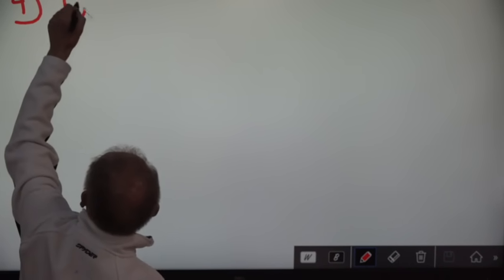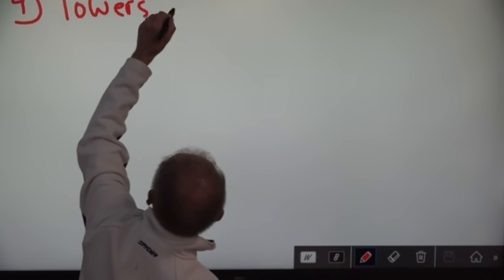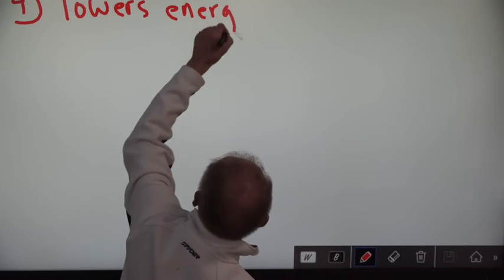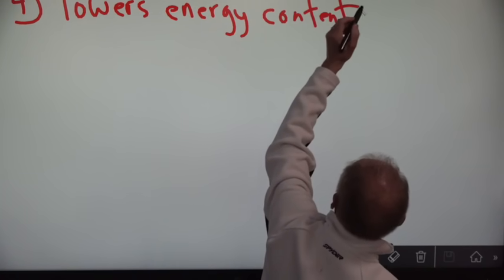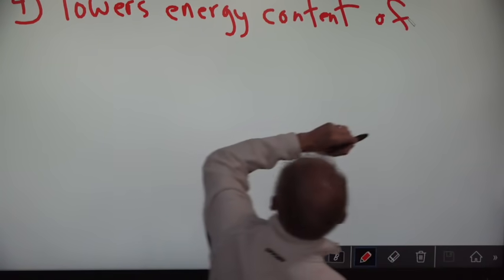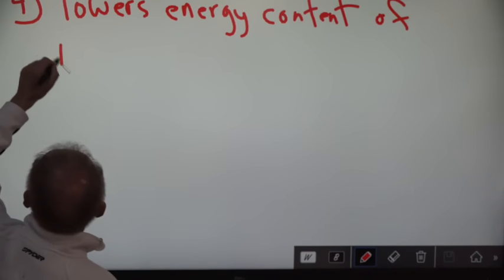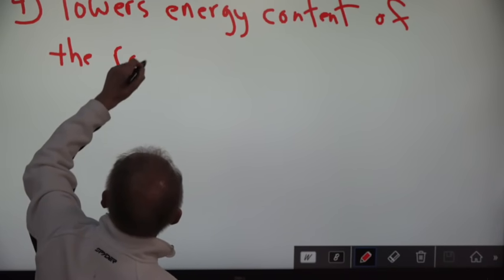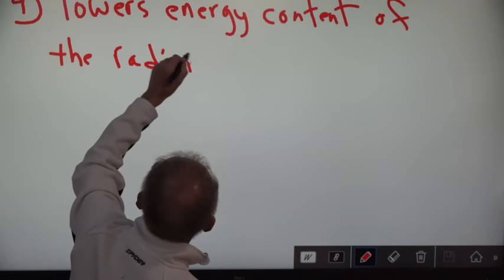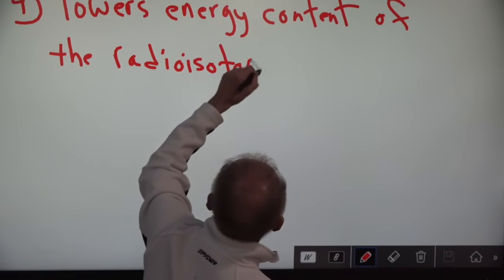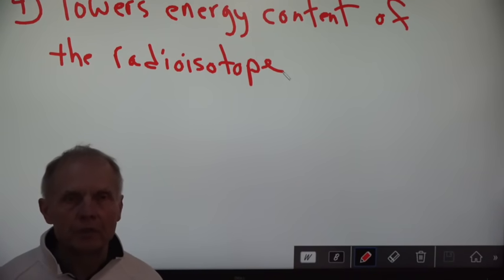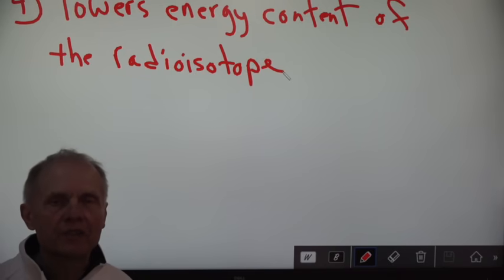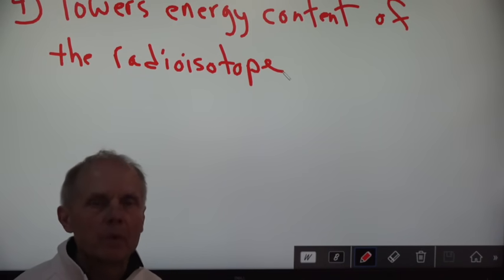So for number 4, big old asterisk. That's a big one. It lowers the energy content of the radioisotope. So it gets less and less the longer the gamma rays are being emitted.